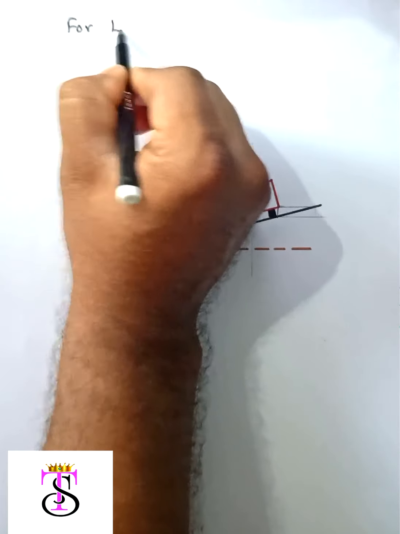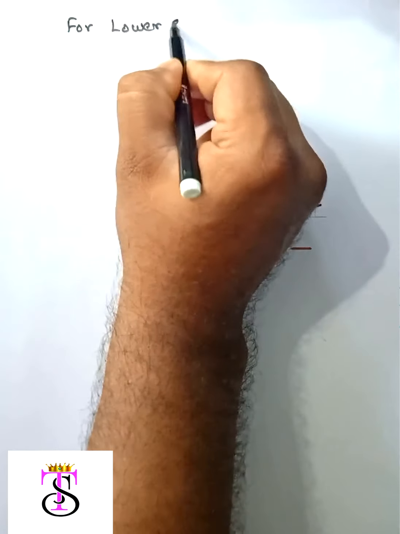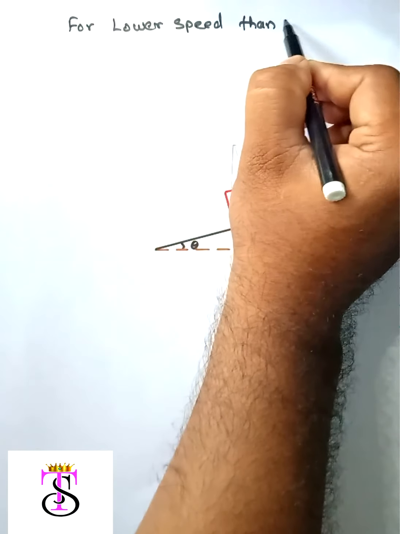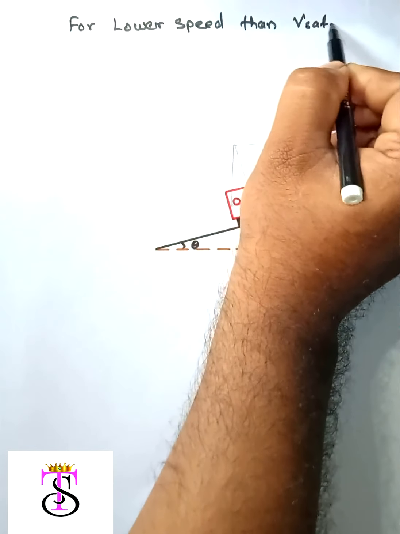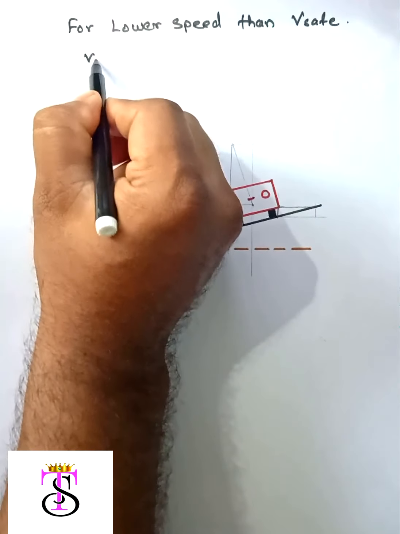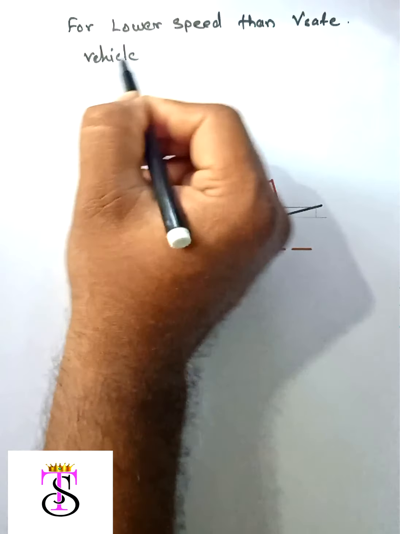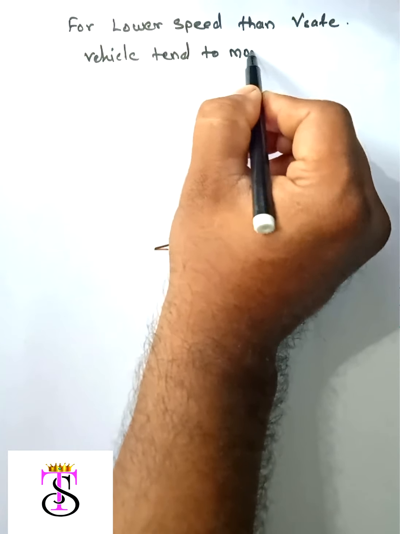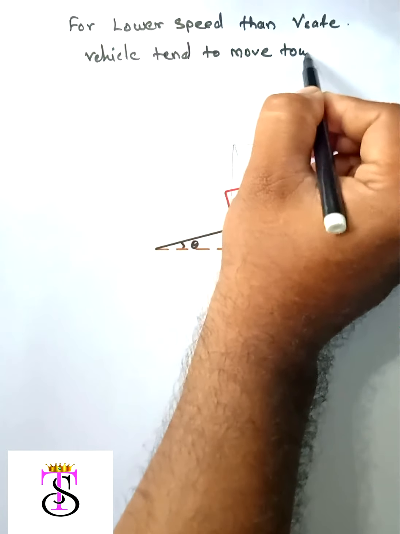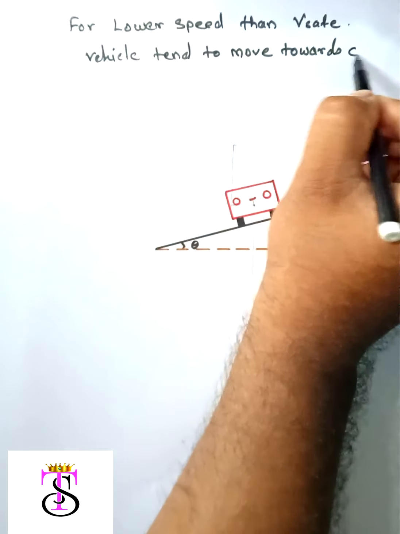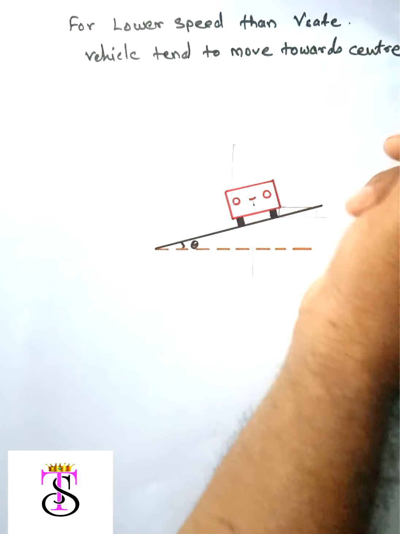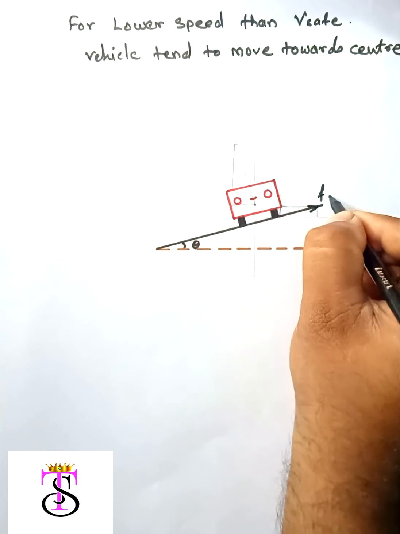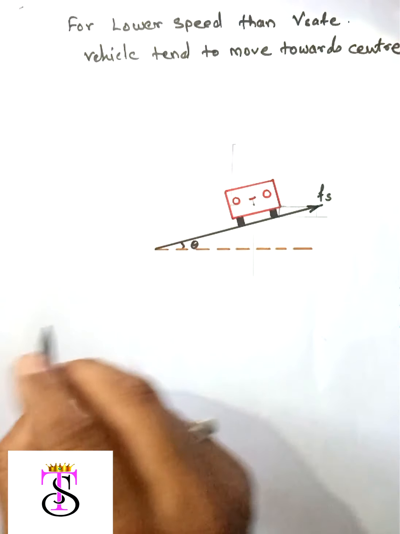For lower speed than safe speed, the vehicle tends to move towards the center. Static friction force will act away from the center.